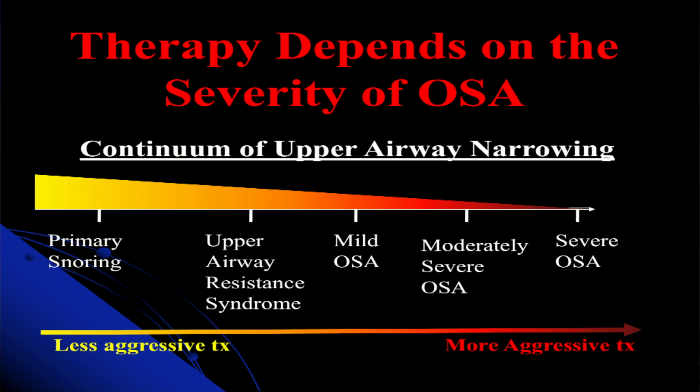Or the patient slides into upper airway resistance syndrome. There are starting to be some drops in pressure, and there is some effort to maintain the airway. And then they go into mild apnea, where the effort's not working and their blood oxygen starts to drop, and then they go to moderate and severe. And so the type of treatment we decide to do on these patients depends on where they are on this continuum.